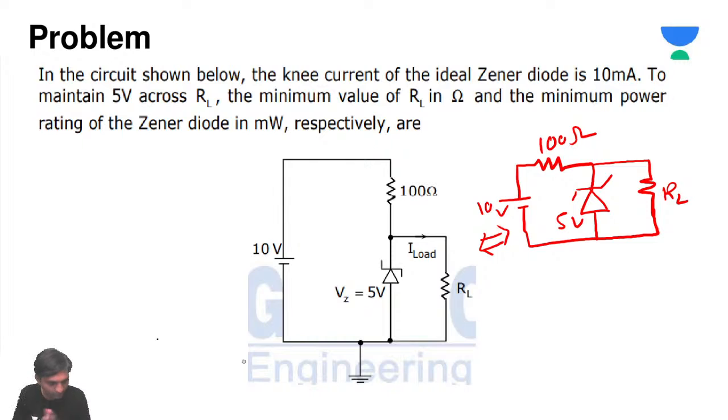First let me know what is IL. To get RL minimum, you should get IL maximum. So what is IL maximum? First you tell me.